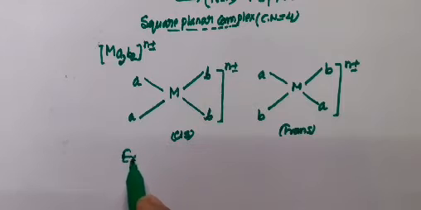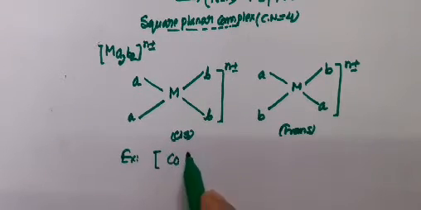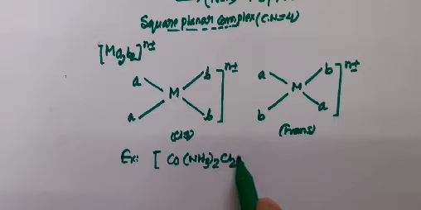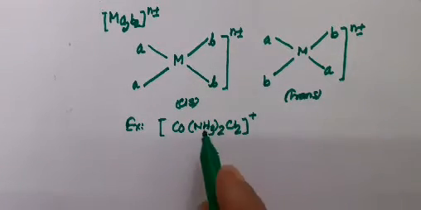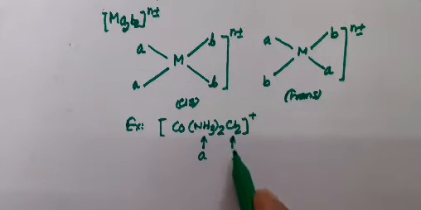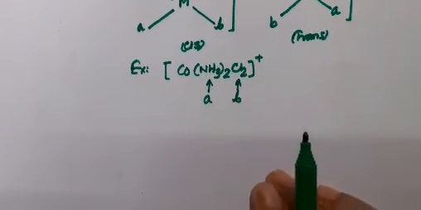This can be further illustrated by taking this example: [Co(NH3)2Cl2]+. Here we have two different ligands. We consider ammonia as A and chlorine as B. So what we need to do is very simple.